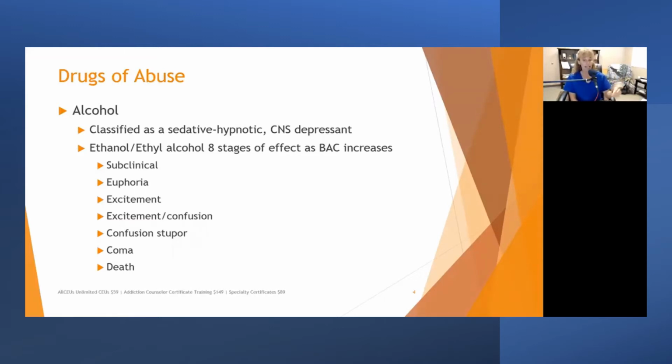Excitement, and then excitement and confusion, then confusion and stupor, coma, and death. So obviously it takes a lot to get to coma, but you can do it, especially if you're doing shots or other things where you're ingesting a lot of really high purity alcohol really quickly, and if you're dehydrated or haven't had anything to eat.